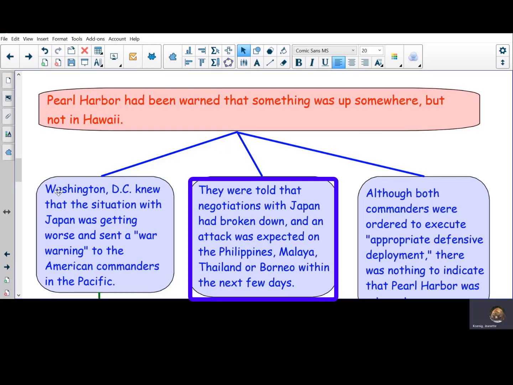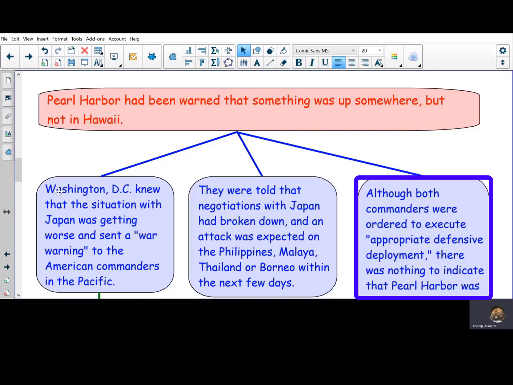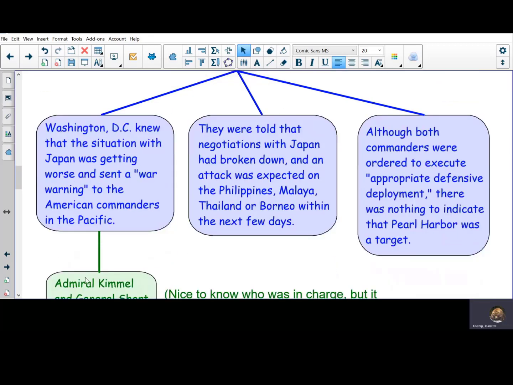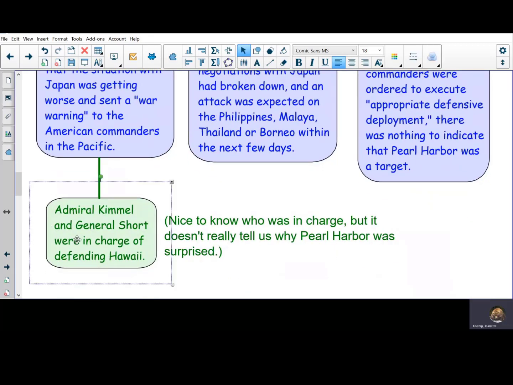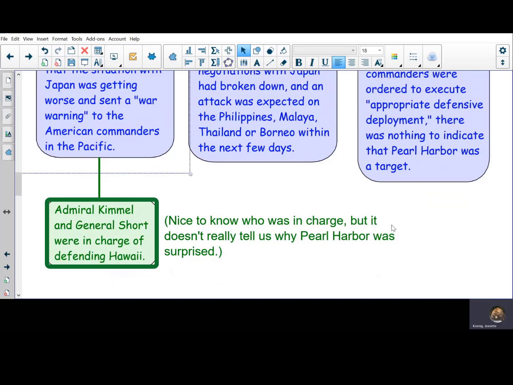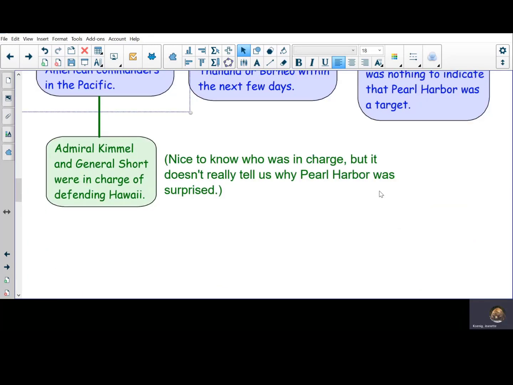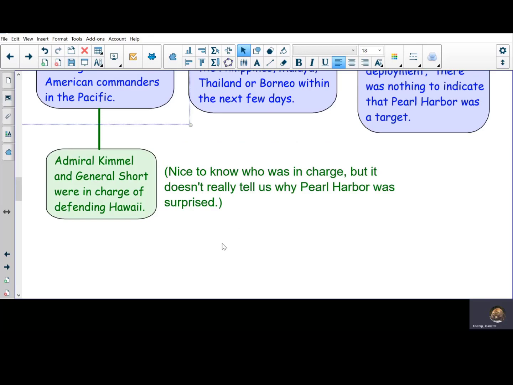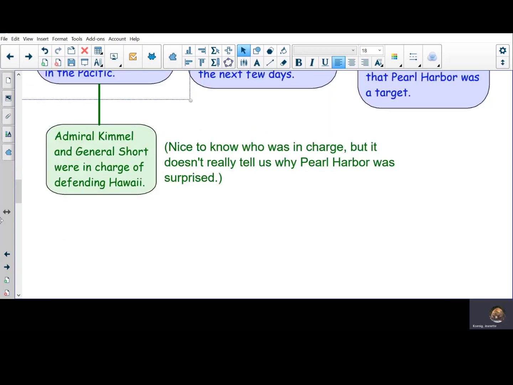They were told, they being Hawaii, that negotiations with Japan had broken down. And then finally, although both commanders were ordered to execute this appropriate defensive deployment, there was nothing to indicate specifically that it was going to be at Pearl Harbor. And then I have as a minor detail, Kimmel and Short were those American commanders. Again, it's nice to know who is in charge, but it doesn't actually tell us why Pearl Harbor was surprised.